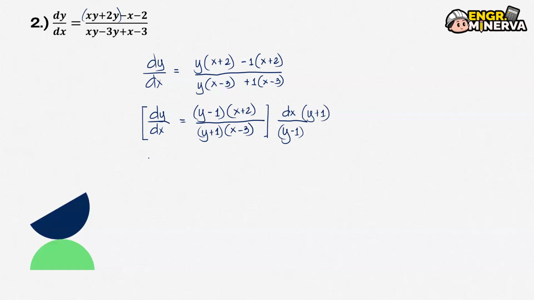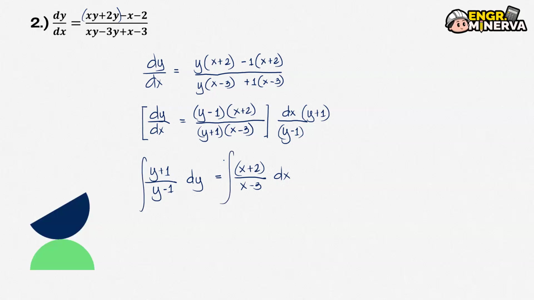Eventually, we will have y plus 1 over y minus 1 dy equals x plus 2 over x minus 3 dx. In this case, it is now separated, so we can integrate the left side and the right side.